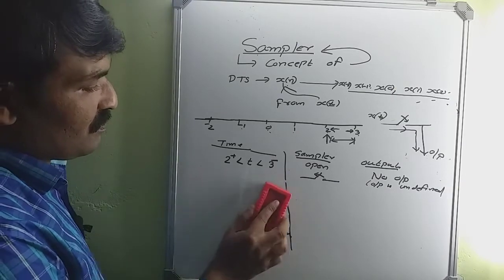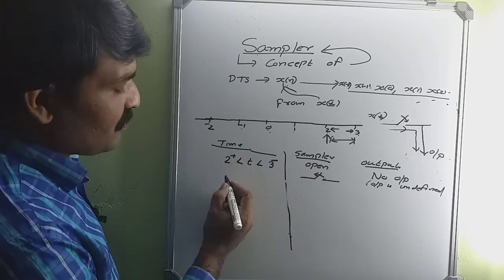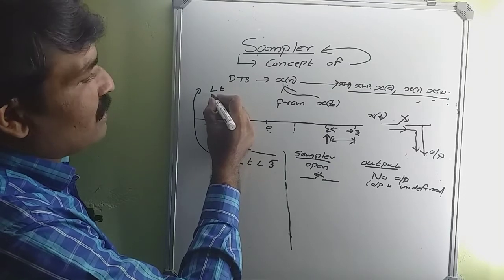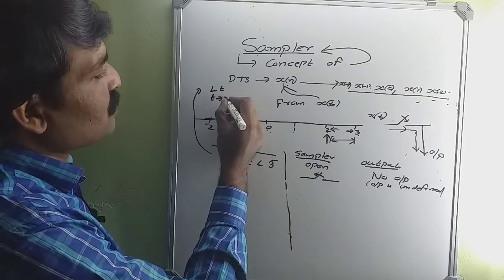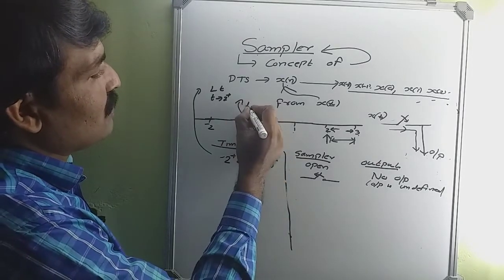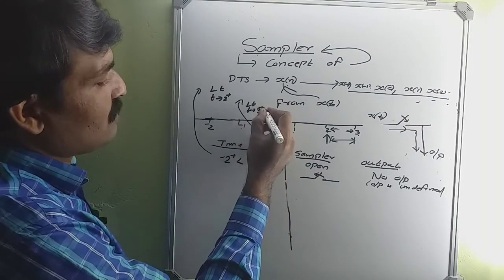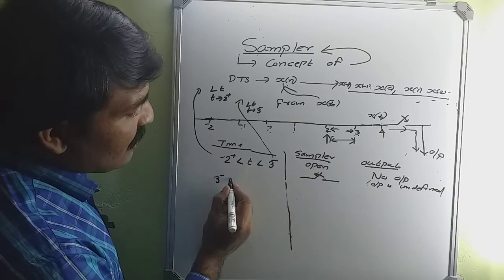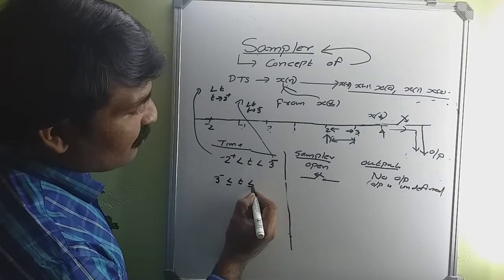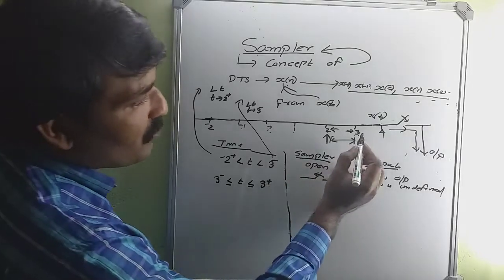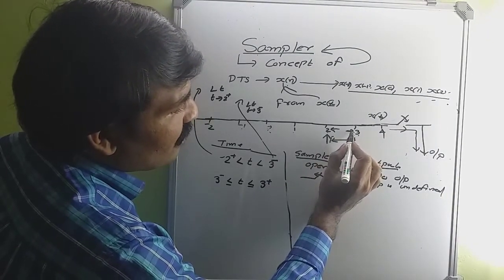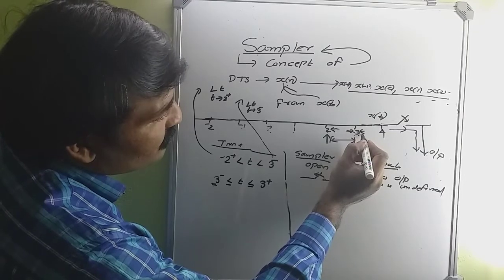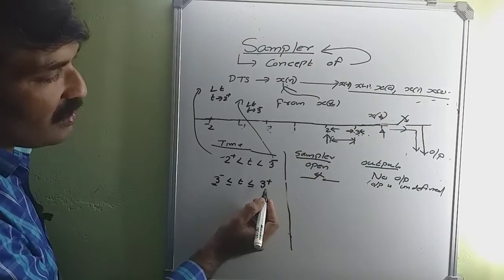Now for the time interval 3 minus less than or equal to t less than or equal to 3 plus: 3 minus is approaching a point very close to 3 from the left hand side, and 3 plus is approaching from the right hand side of 3.